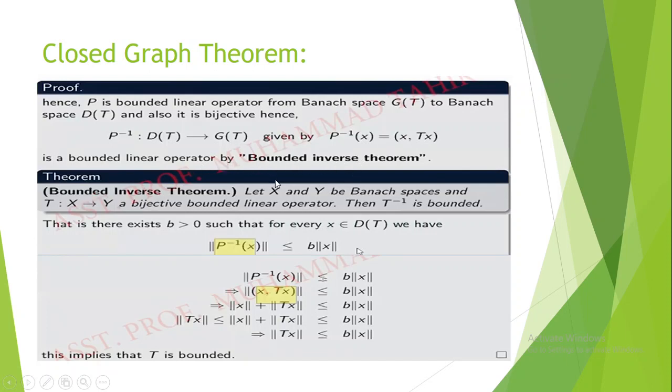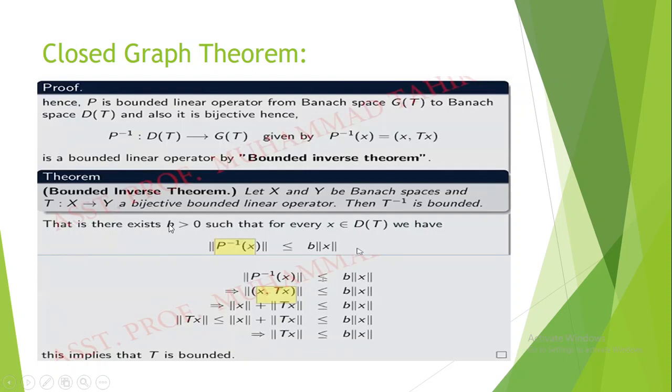So what is the bounded inverse theorem? The bounded inverse theorem says that if we have two complete normed spaces X and Y and a bijective bounded linear operator, then T inverse is bounded. So this is the bounded inverse theorem.